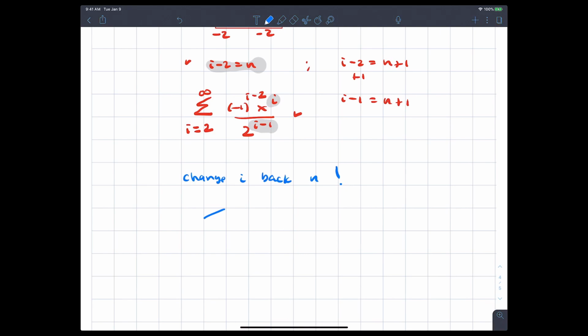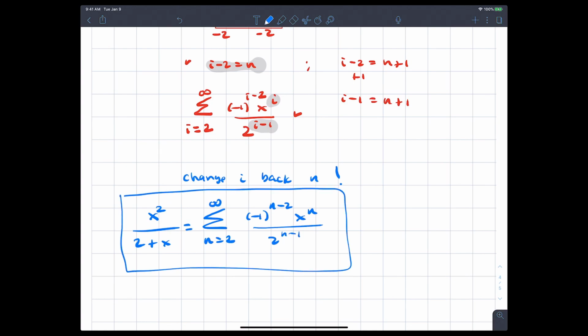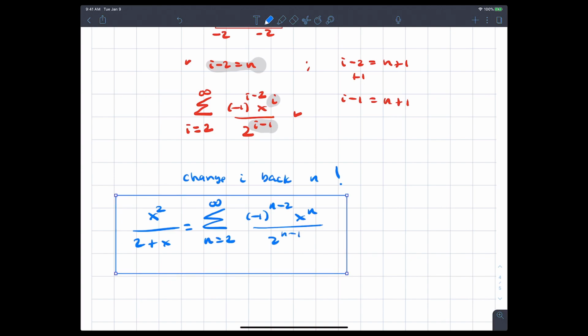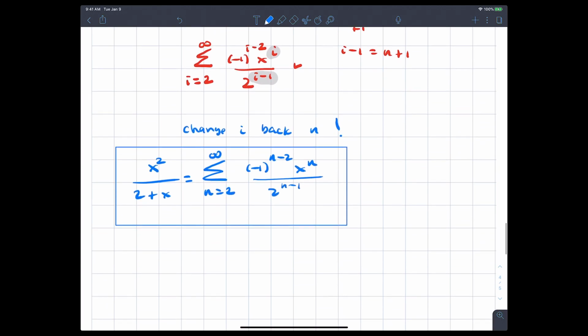So if you're looking back at the book and you see n starts with 2 to infinity, -1 to the n minus 2, x to the n over 2 n minus 1 for this x squared over 2 plus x, right? You might see the power series expansion look like this, and it may confuse you.